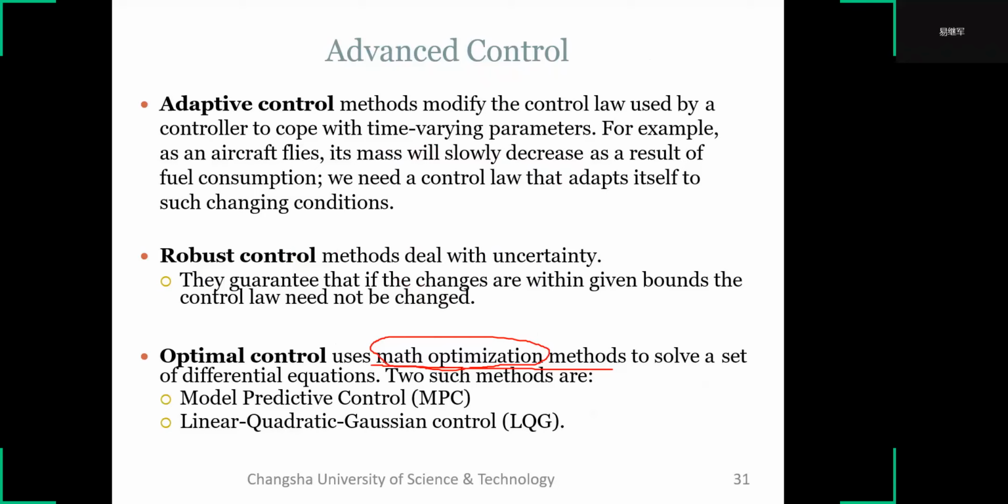Two such methods are model predictive control and linear quadratic Gaussian control.